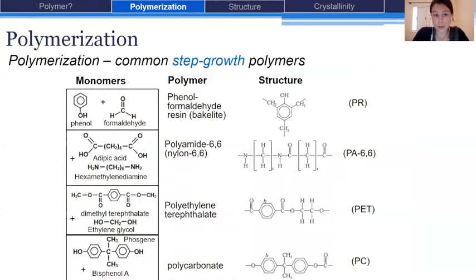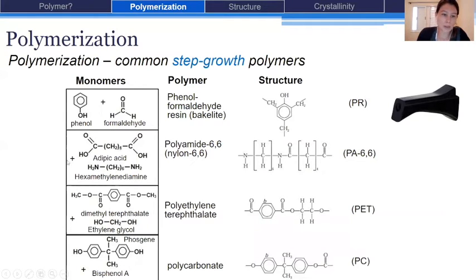So here you have some examples of common step growth polymers. For example, starting with a phenol and formaldehyde, you will form a phenol formaldehyde resin that we commonly call bakelite, which is a very strong and rigid resin.